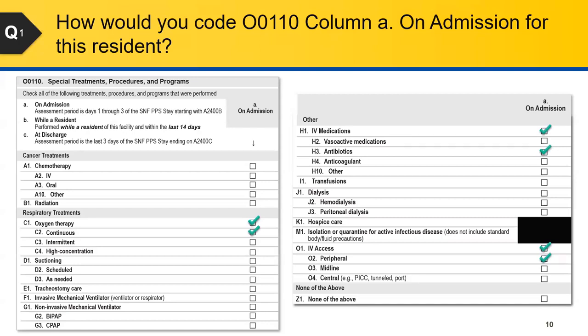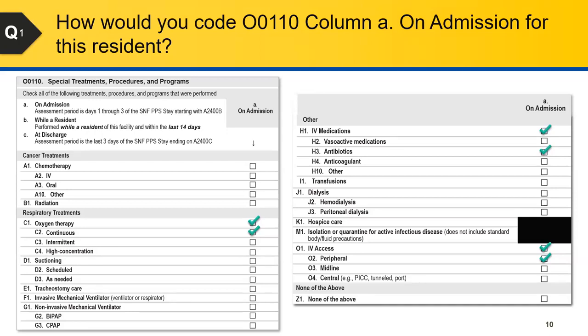Okay, so compare this to what you had written down. You should have checked off C1, O2 therapy, and C2 continuous. Also H1 IV medications and antibiotics. And then in addition, O1 IV access and O2 peripheral.